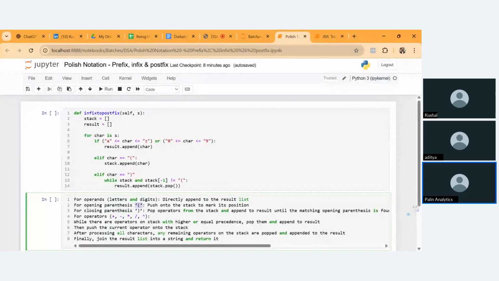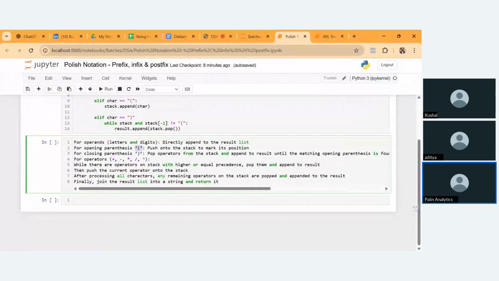And as soon as you encounter any plus, minus, multiplication, division, or asterisk, there should be the precedence of operations, and based on the precedence you have to pop elements from the stack. Like this, you have to perform the operation for the calculation.